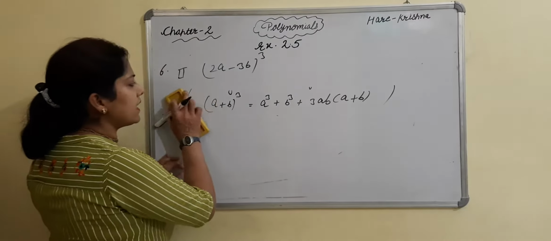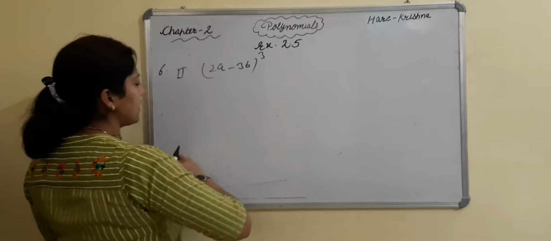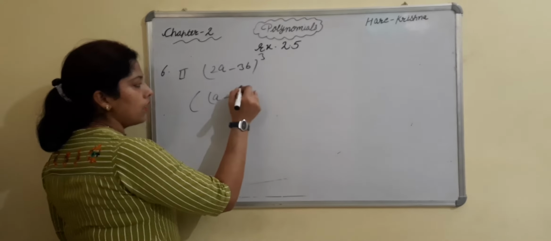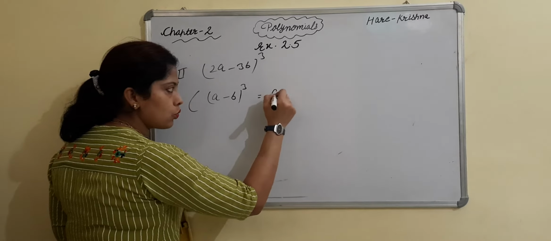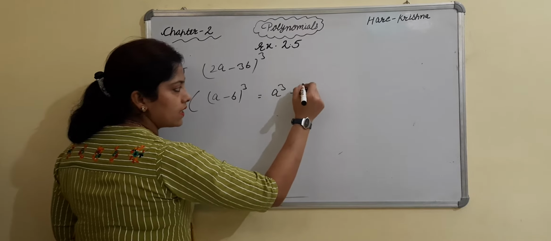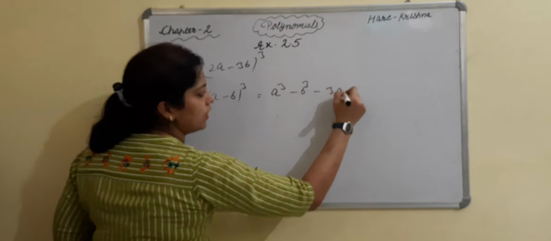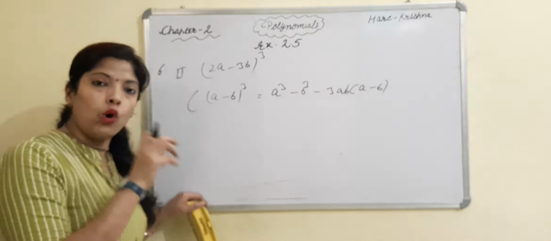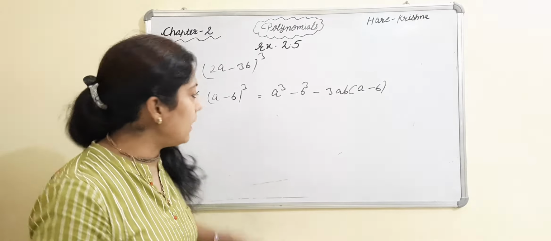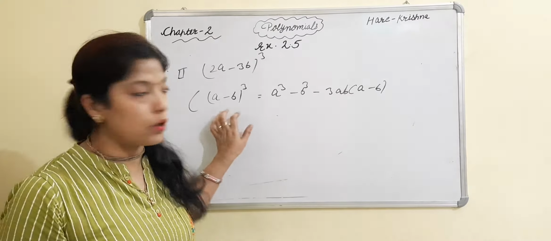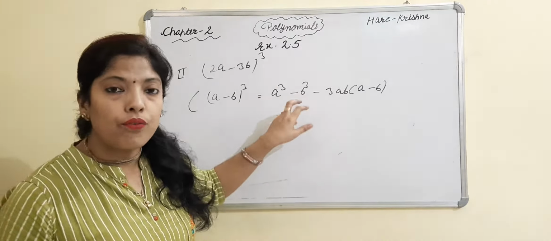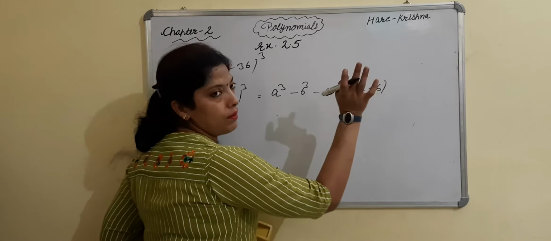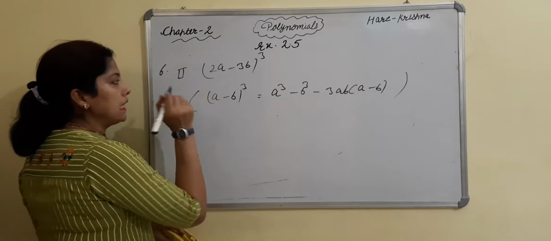So use this identity. (a − b) cube is equal to a cube minus b cube minus 3ab into (a − b). And in (a + b) cube, all terms are positive, and in (a − b) cube in this portion, all terms are of negative form. A cube minus b cube minus 3ab into (a − b). You have to use this identity.